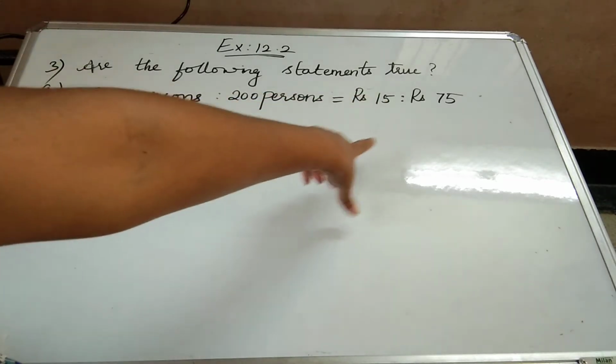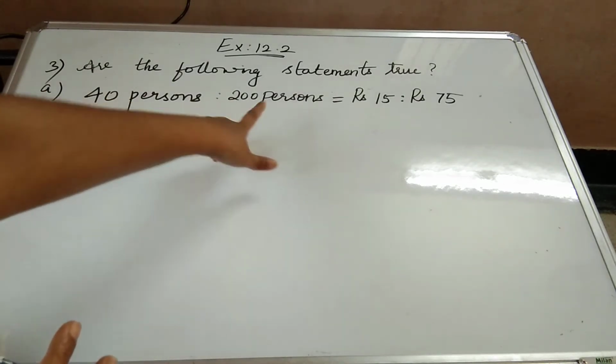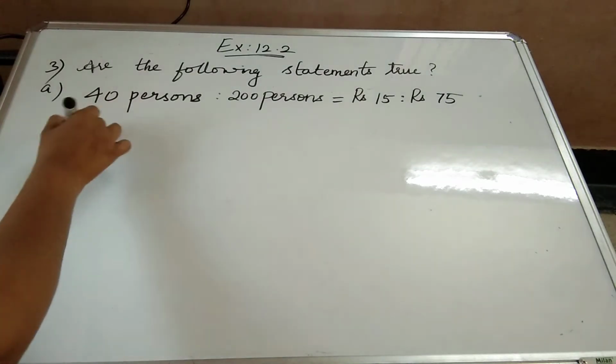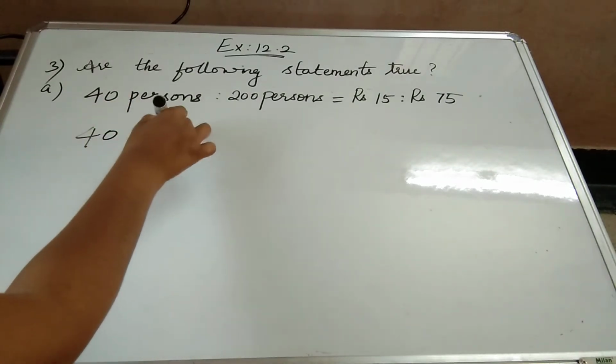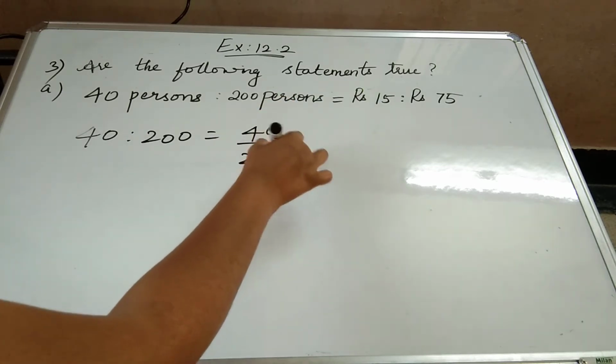Here the left two are both in percent, and on the right hand side both are in rupees, so we don't need to worry and can directly follow the same method. So 40% and 200%, so 40 is to 200, which is 40 divided by 200.